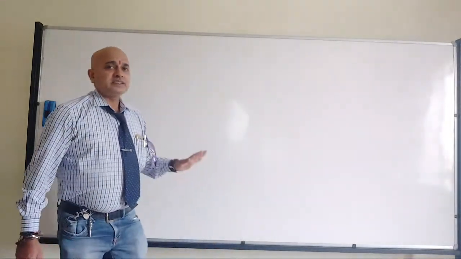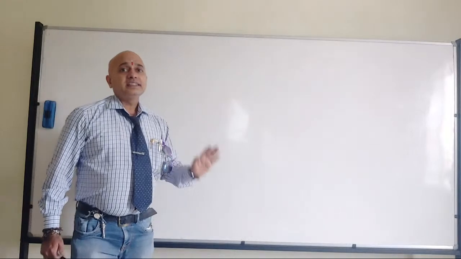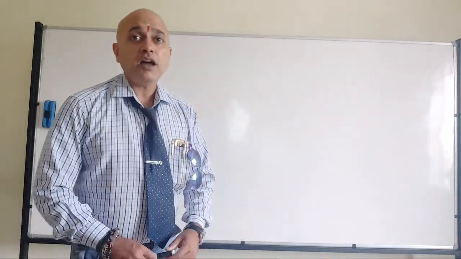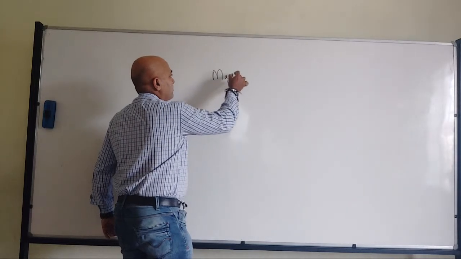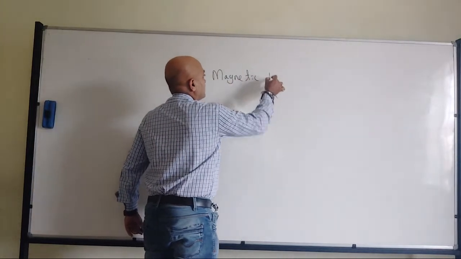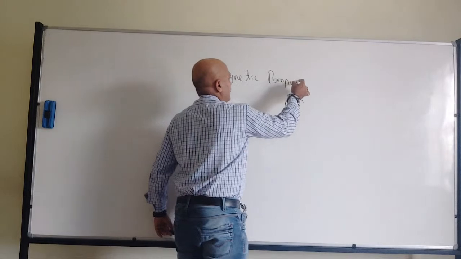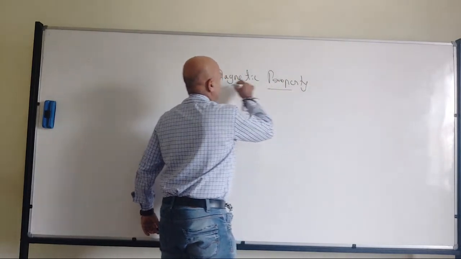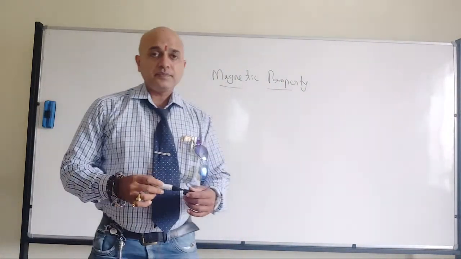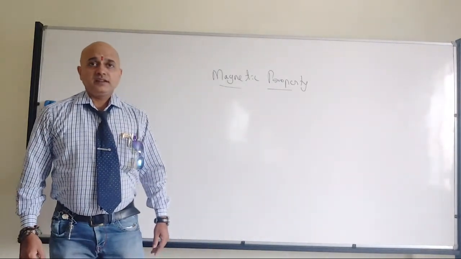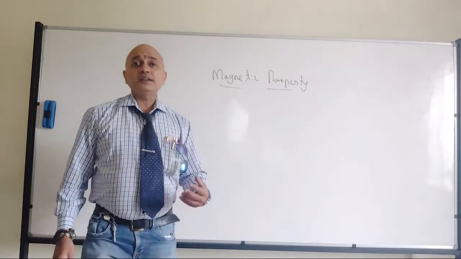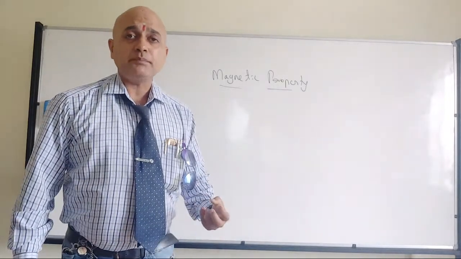Okay. So in that case, we'll move to the next one, the last part, which is related to magnetic property. When I am talking about magnetic properties, why do some elements have magnetic property?